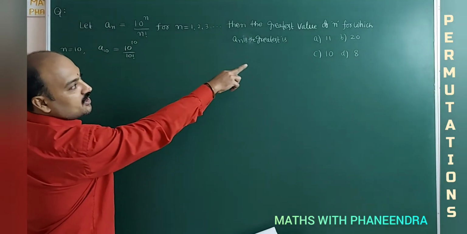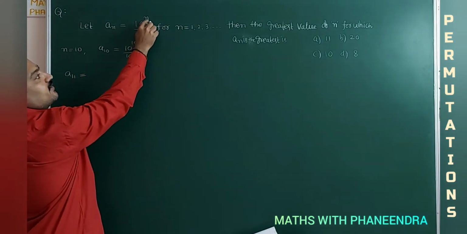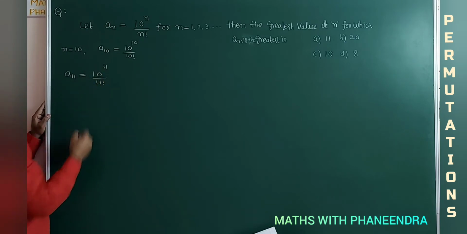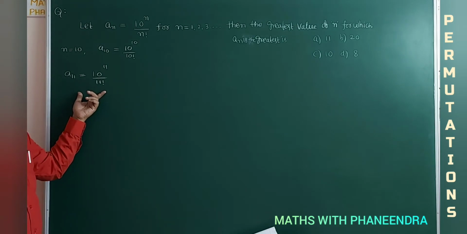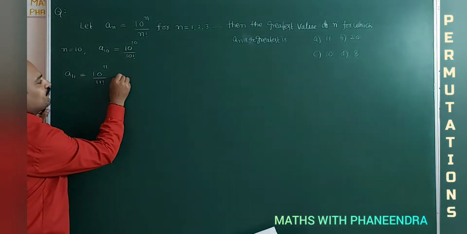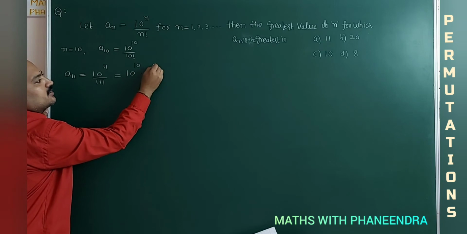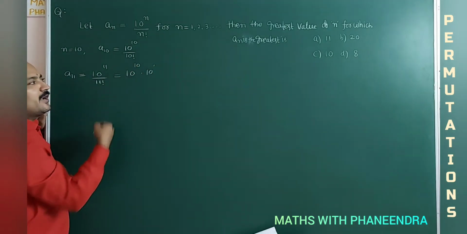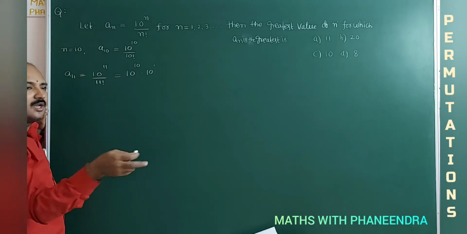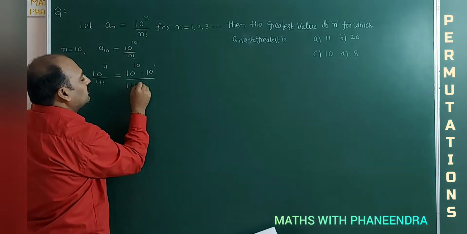So first option verification, 11 is there. So I am verifying a11. a11 means in place of n substitute 11: 10 power 11 by 11 factorial. But how can I write it in terms of a10? Observe carefully. 10 power 11 can be written as 10 power 10 into 10, since the base is equal and powers are added. 11 factorial can be written as 11 into (11 minus 1) factorial, that is, 11 into 10 factorial.